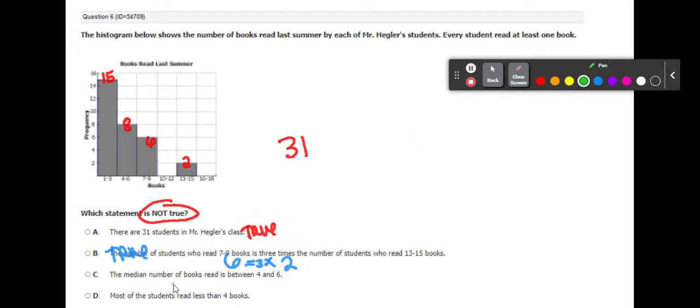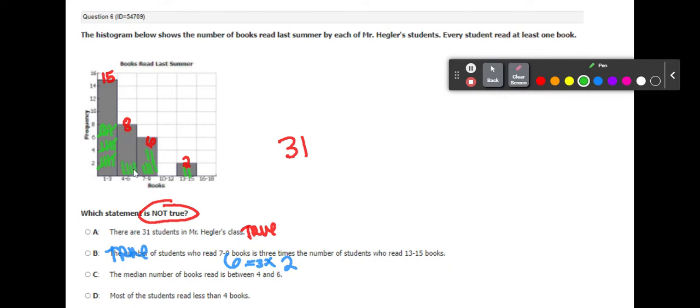The median number of books read is between 4 and 6. All right, so the median between 4 and 6 would be in here. So if I have 15 numbers here, 1, 2, 3, 4, 5, 6, 7, 8, 9, 10, 11, 12, 13, 14, 15, I would have 2 here and 6, 1, 2, 3, 4, 5, 6, and then 8 in the middle.